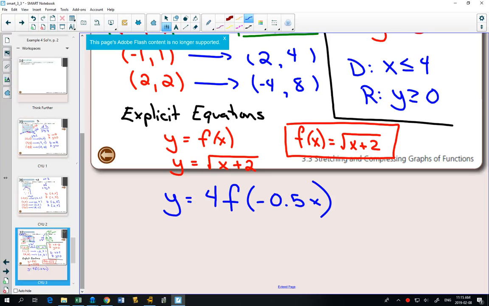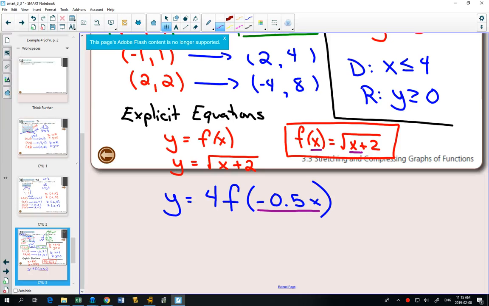Well, whatever's outside of the function, whatever affects your y, appears outside of the function later on. And whatever is inside of the function, which I'm going to underline in purple, that goes where the x was. Because whatever's inside the function replaces the x. Sometimes you have more than one x, then it replaces every x that appears in the equation. In our case, we only have one x, so it just replaces the one x.